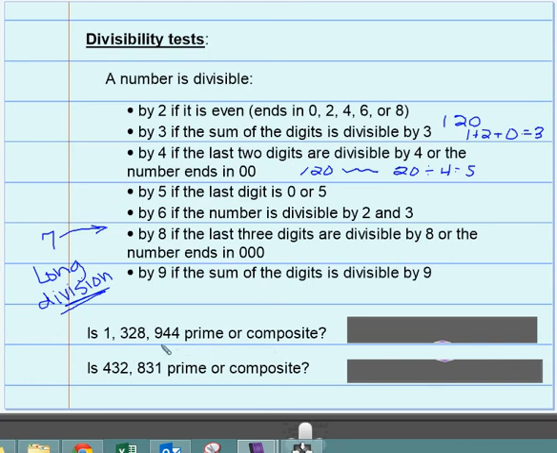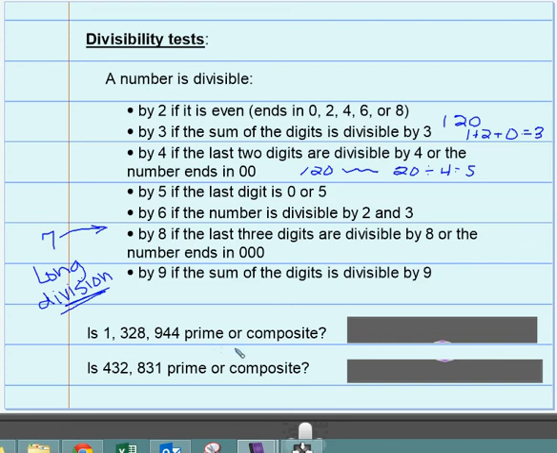They're composite if you can get one of these other numbers, or sometimes the number might be divisible by 11 but not by anything else. Okay, so you might get fooled on some of those, but typically you're going to be able to get one of these numbers to go into a number that's composite. So check these for divisibility when you figure out whether you have prime or composite numbers.